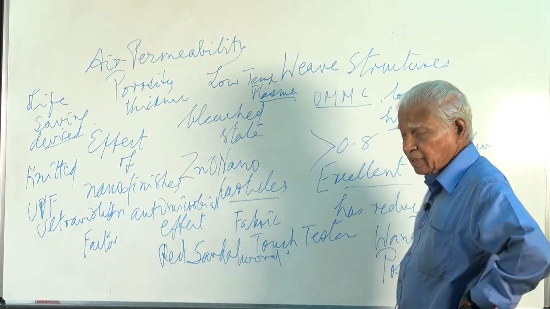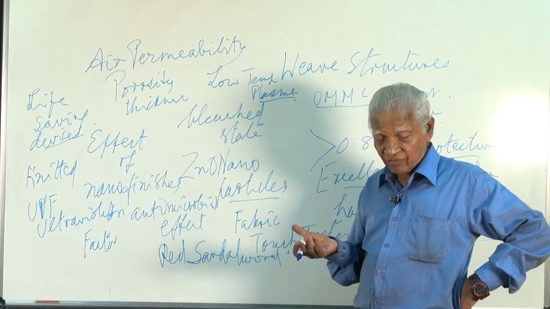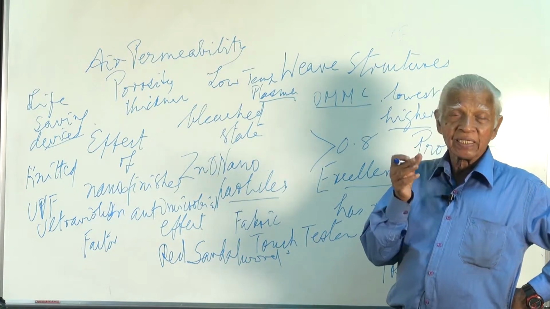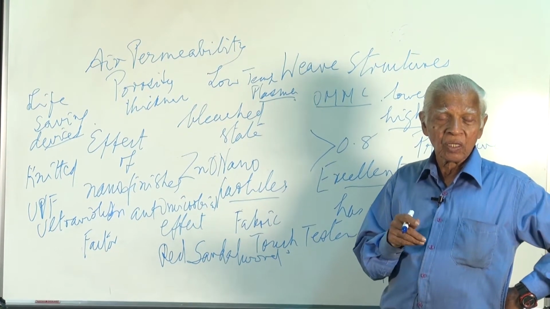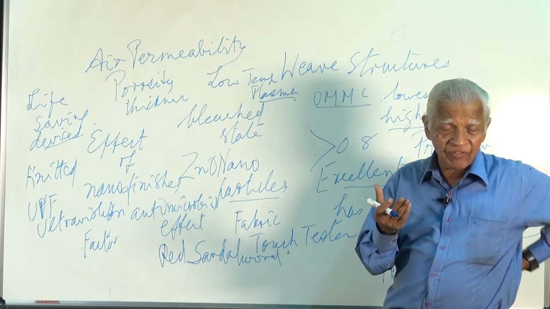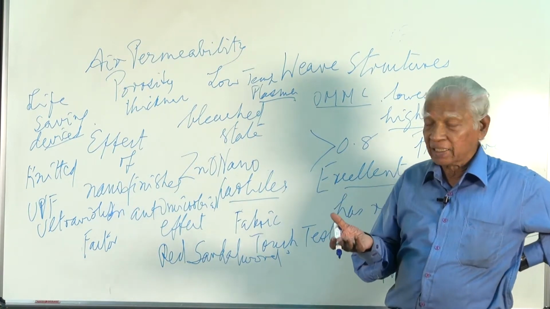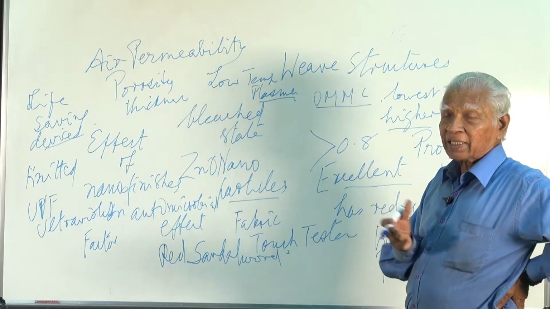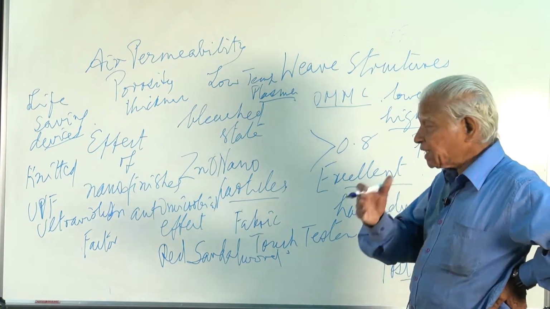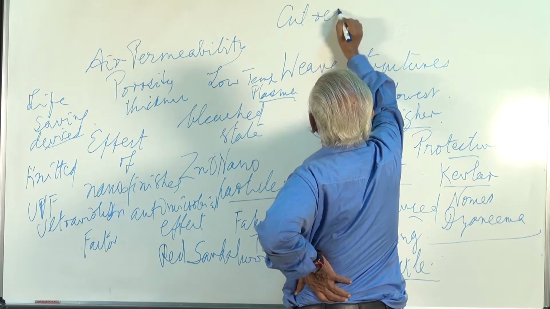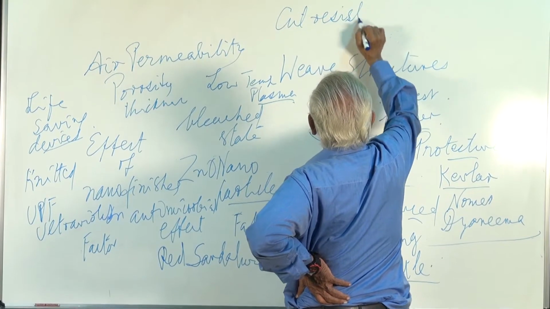So today, with the introduction of several new types of fibers, the properties of these protective garments have also shown a considerable improvement. In fact, some of the fibers which have been developed recently are exclusively meant for protective clothing. Protective clothing also includes cut resistant fabric, which is eminently suitable for gloves.